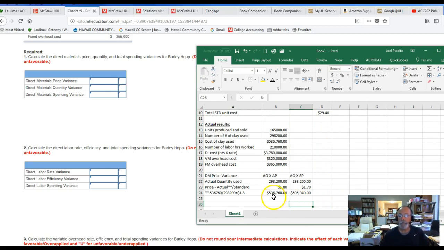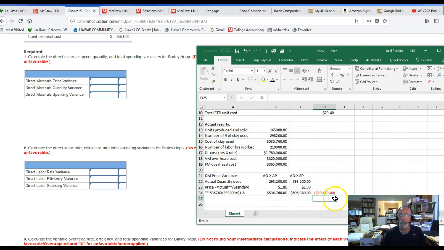So if actual exceeds standard, what we expected it to be or what it should have been, then our variance is the difference between the two. And let's take standard minus actual.